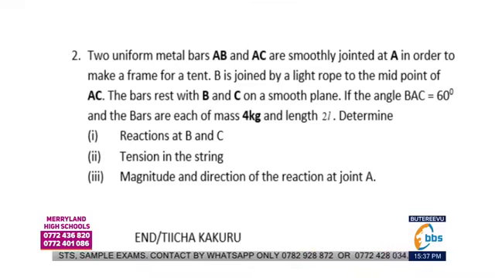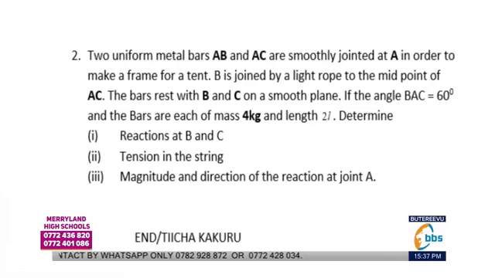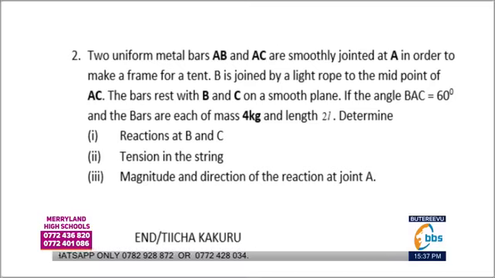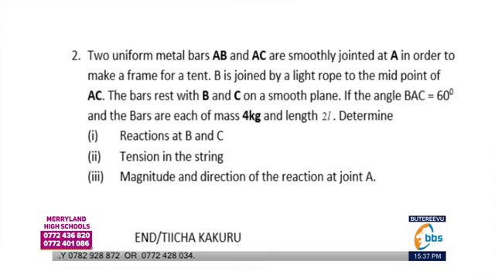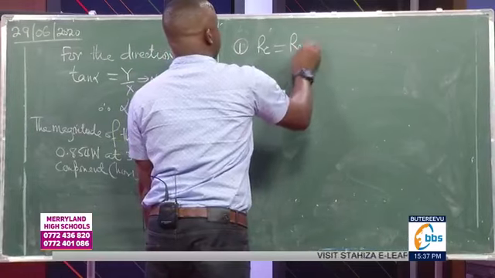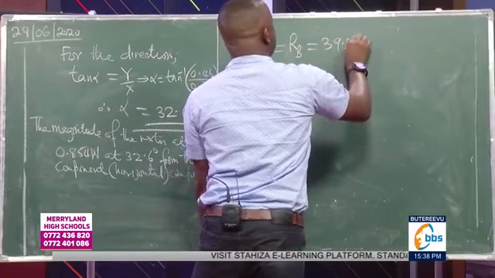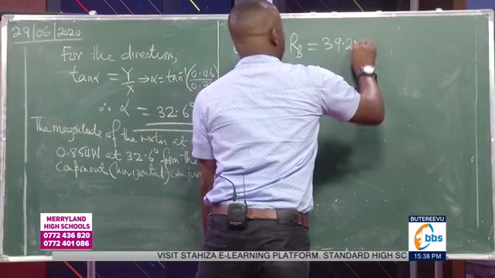They are asking you to find the reaction at B and reaction at C. The reaction at B and the reaction at C, I will summarize them. That was part 1. The reaction at C is actually equal to the reaction at B in this number and should have given you 39.2 newtons.